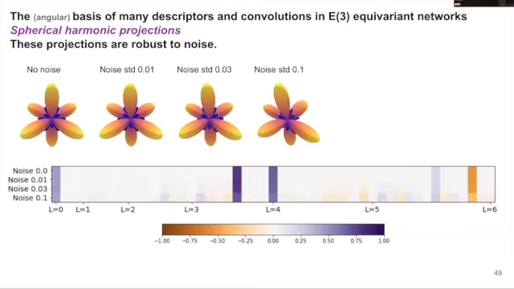So let me go ahead and take my octahedral environment, and let me kind of rejigger those vertices a little bit so that it's like mostly an octahedron, but not so much anymore. So I'm going to increase the level of noise, and I'm going to look at how this changes my coefficients. So what we can see is that it doesn't change much. Now, this is not necessarily surprising if we think about this as like Fourier analysis, because what we're seeing is that the low order or the low frequency components of the signal don't vary much with high frequency changes.